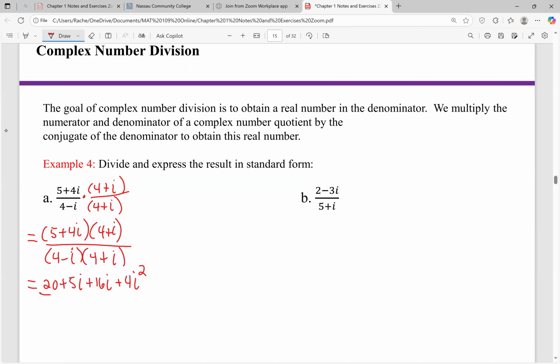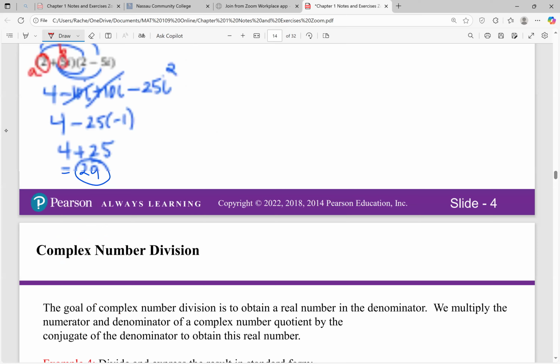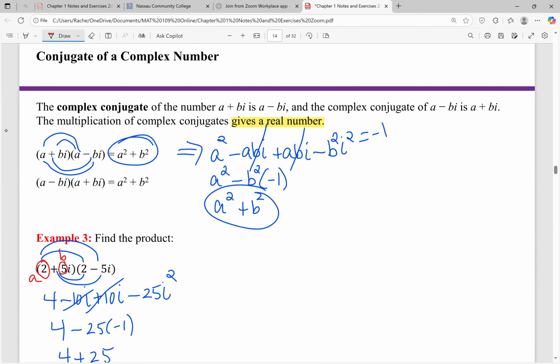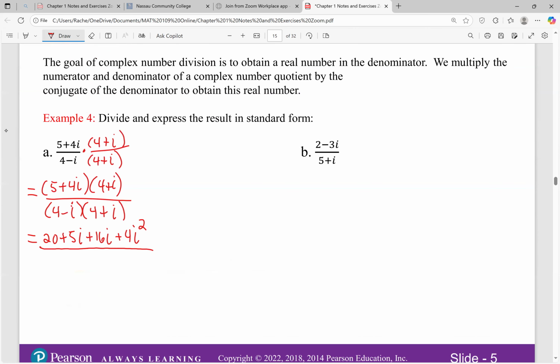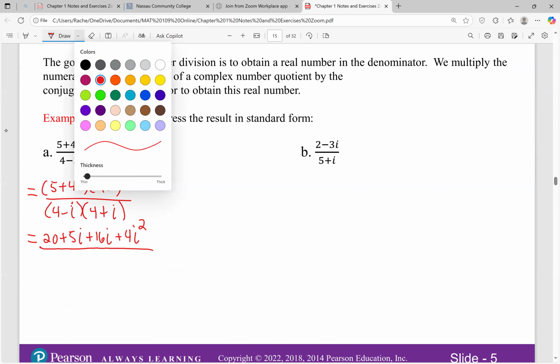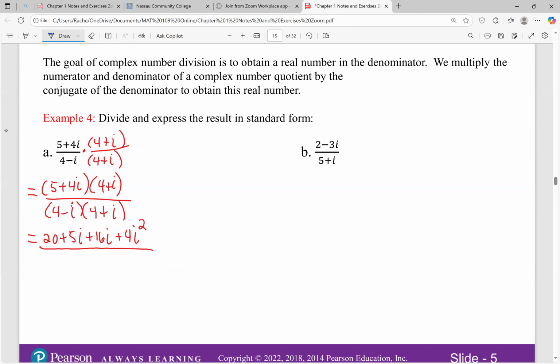And then in the denominator, I really don't need to multiply out that conjugate, right? Because I already know when I multiply conjugates, I'm just going to end up with a squared plus b squared, like I showed you in example 3. So look, think of a plus bi times a minus bi.